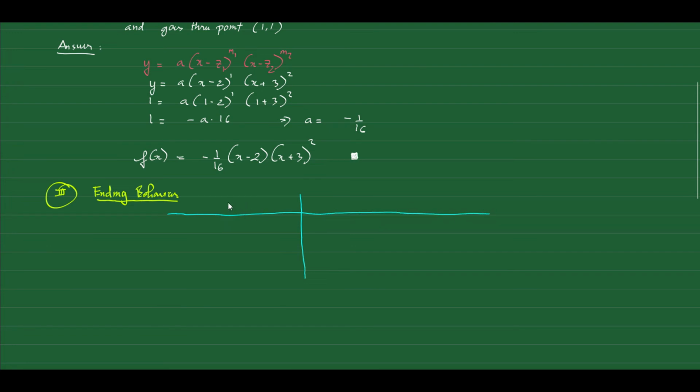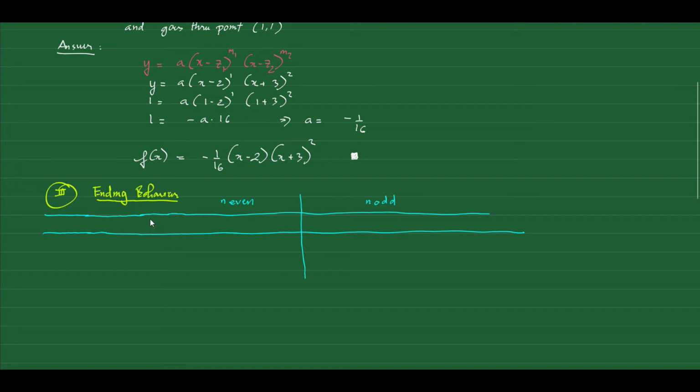Over here I'm going to put n is even, and over here n is odd. And when n is even, I'm going to split it into 2 more cases.